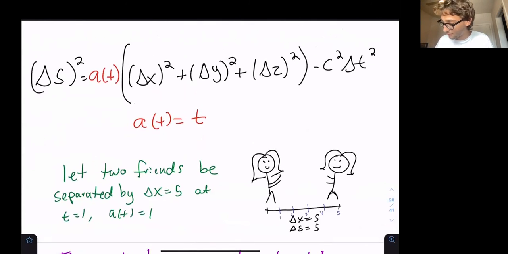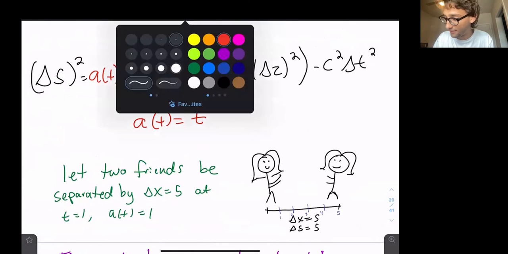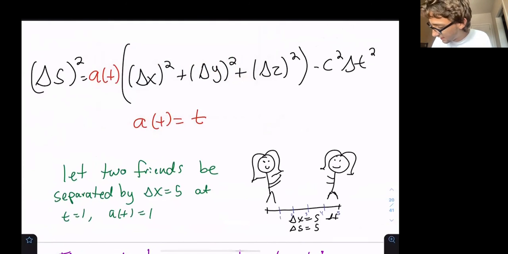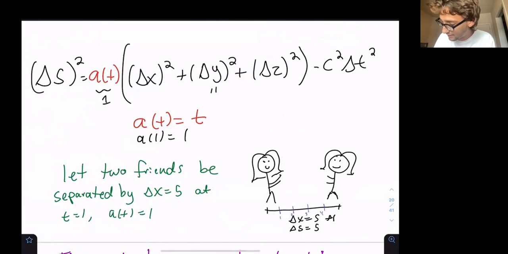Let's say two friends are separated by some distance in the east direction, delta x. Let's just call it 5. It could be 5 feet, why not? So at t equals 1, a(1) equals 1, so this gets multiplied by 1. Since delta x is 5, this is 5 squared.